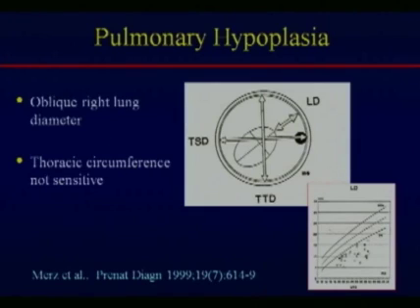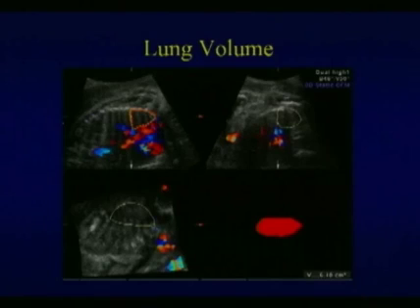So thoracic circumference works very well when there's generalized pulmonary hypoplasia, but not with all conditions. And we're going to get the most accurate measurements and determination of pulmonary hypoplasia by actually measuring the lung itself.